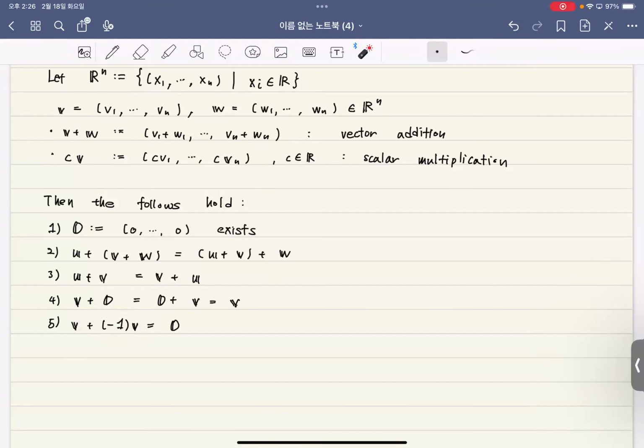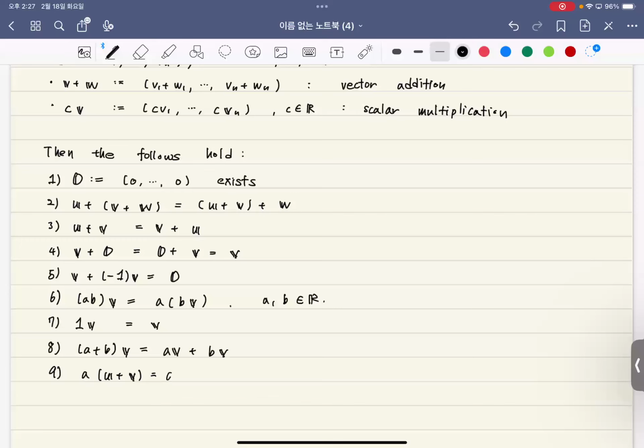And there is also something like the law of distribution between the vector addition and scalar multiplication, which has 2 versions, this and that. Okay, so these are 9 elementary properties that you can expect from the vector addition and scalar multiplication, right? Easy.